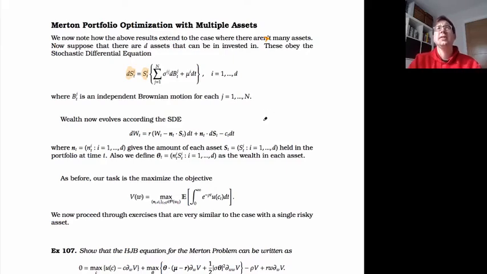Now, just like before, if I let n_i(t) be the number of stocks of asset i that I've bought, then S_i(t) times n_i(t) is the amount of wealth that I have in asset i.